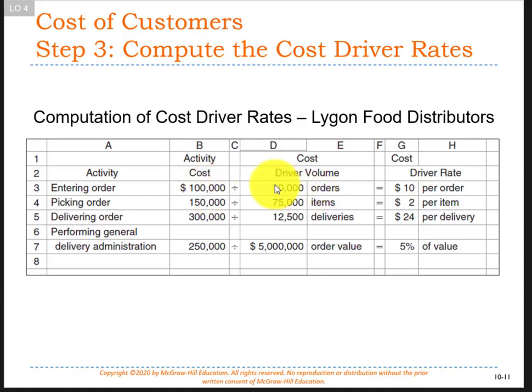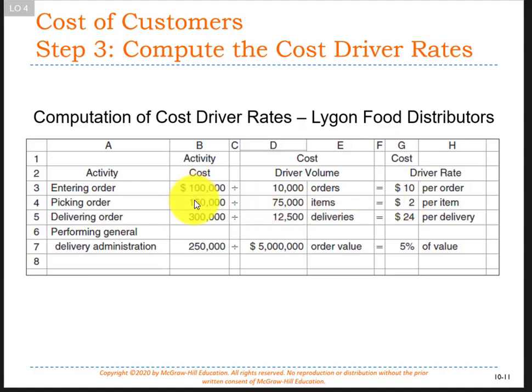Those people can do 10,000 orders. So that's about $10 per order. Notice we are saying that entering the order is based entirely on the number of orders, not on how many items are in the order.